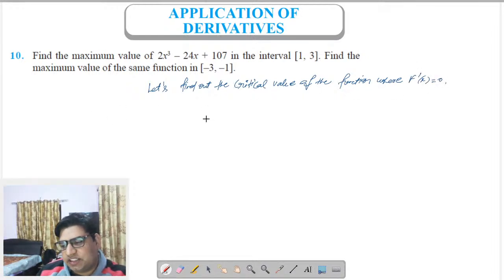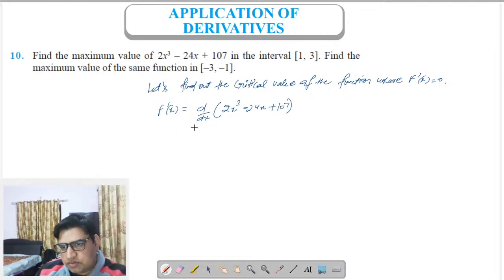Now look, when will f dash x be equal to 0? Our f(x) is given, so f dash x is equal to d by dx of 2x cube minus 24x plus 107.